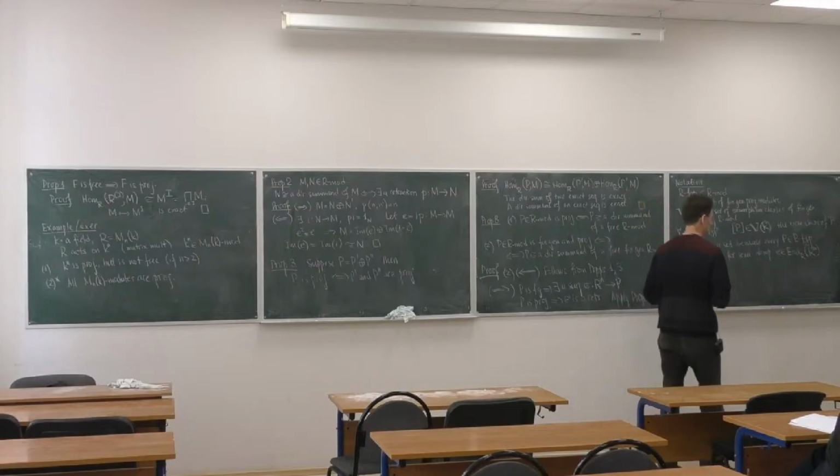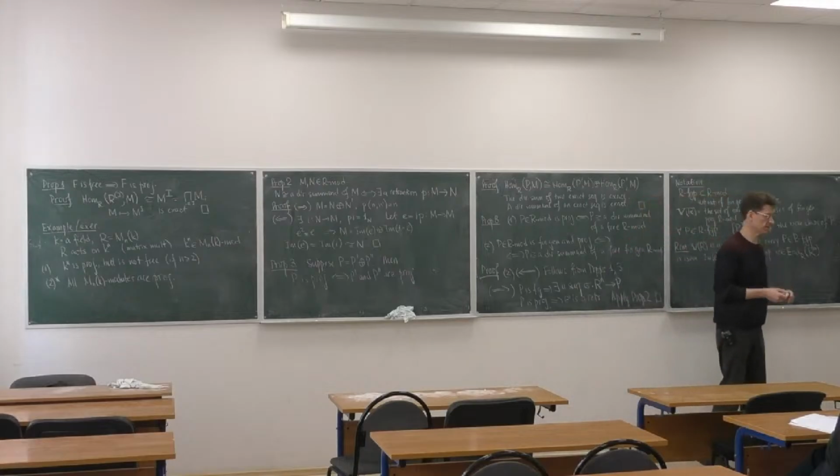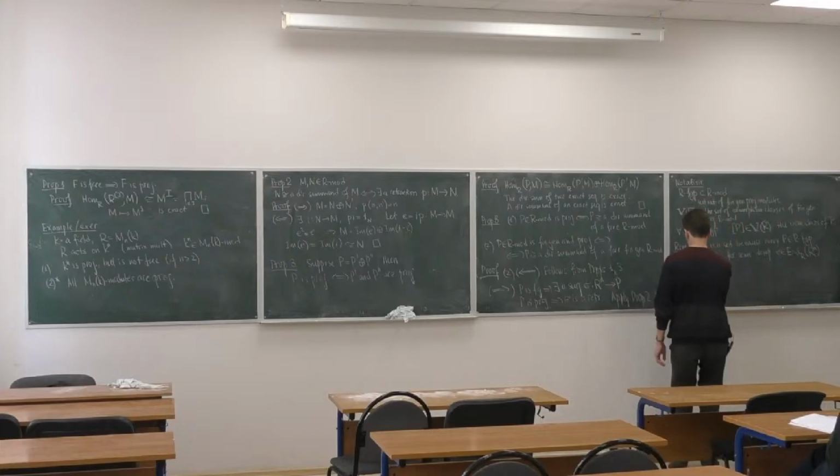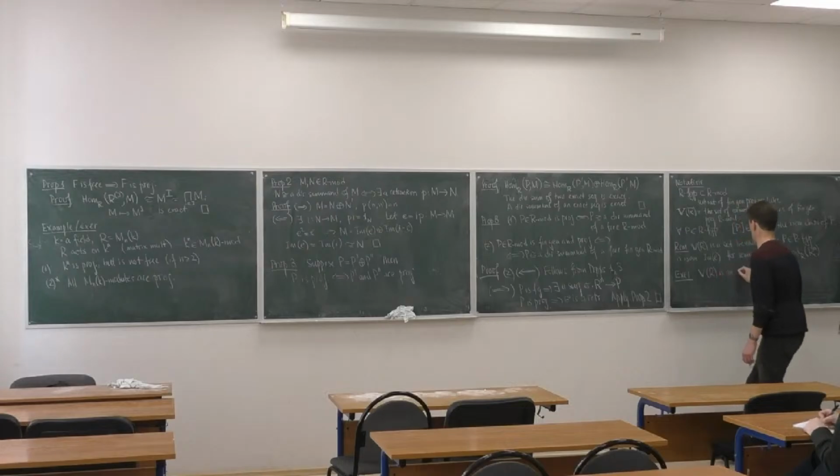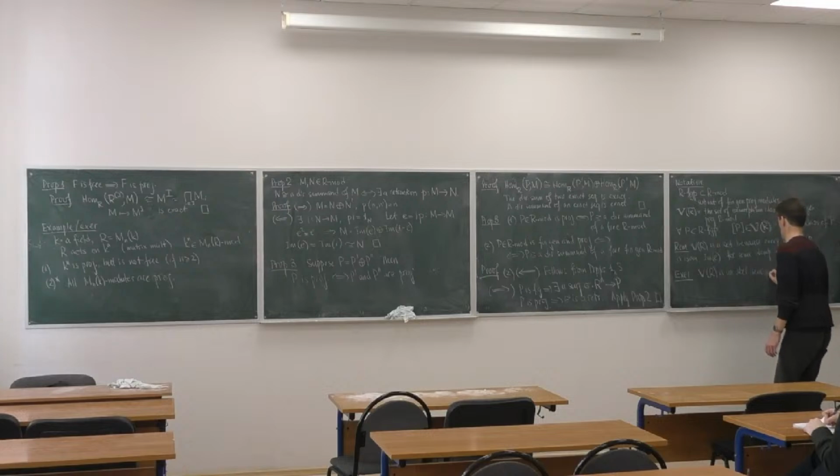In fact, this is not just a set. This is an abelian semigroup in a natural way. It's a simple exercise to show that V of R is an abelian semigroup with respect to the following operation.